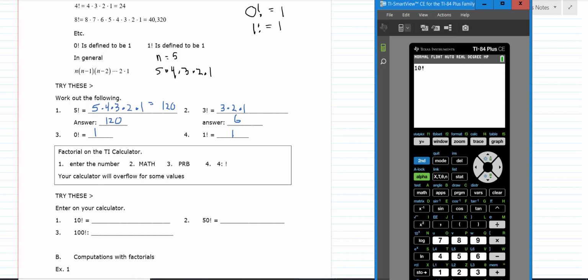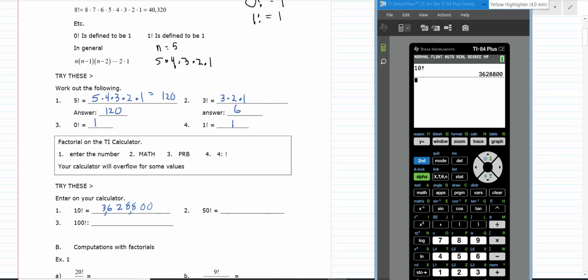So that's how you get 10 factorial to come out, and it gives you a big number. I told you these numbers get real big real fast. This is 3628800, so you put your commas in the right place. That is 3,628,800.